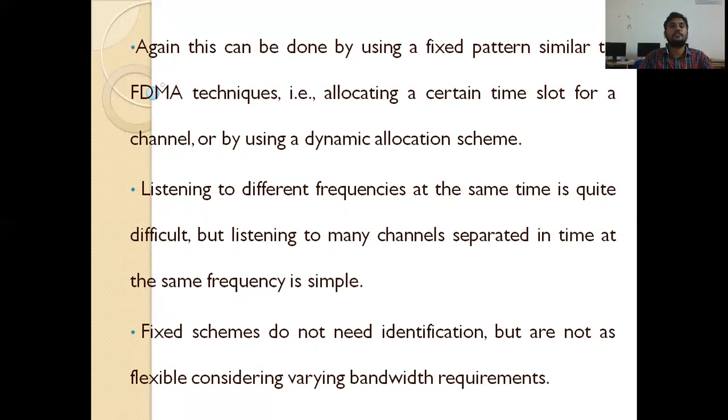The fixed scheme does not need identification, but is not as flexible considering varying bandwidth requirements. That is the disadvantage in the FDMA. Listening to different frequencies at the same time is quite difficult, but listening to many channels separated in time at the same frequency is simple. So that's why it is divided depending on the time.